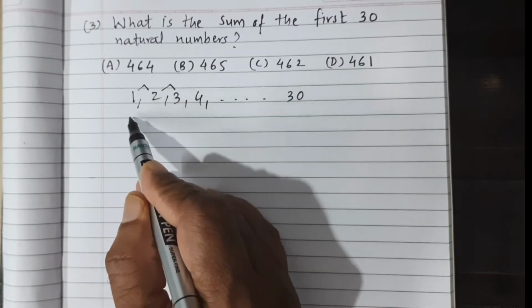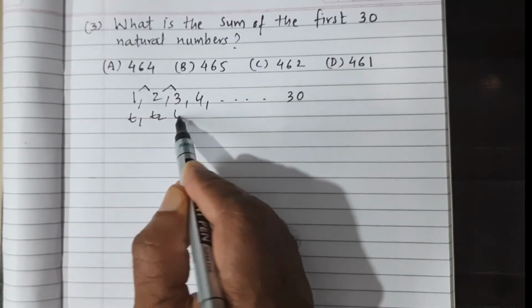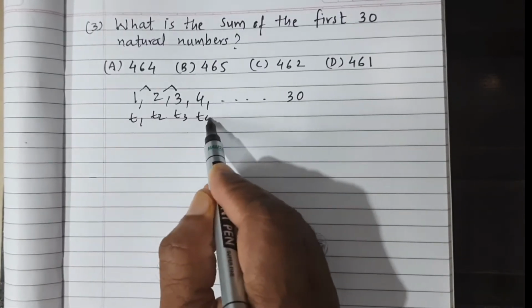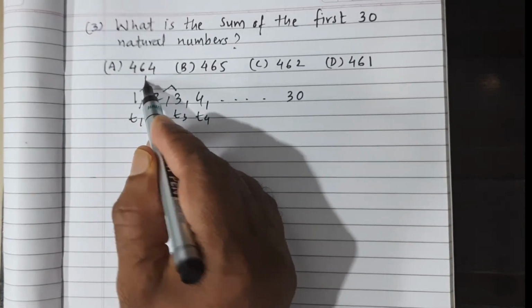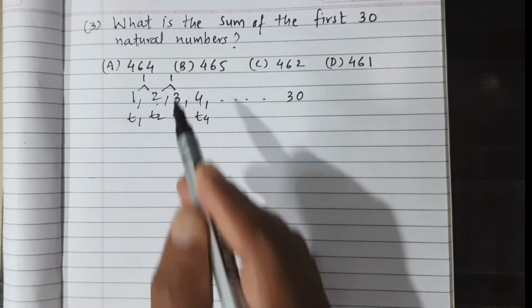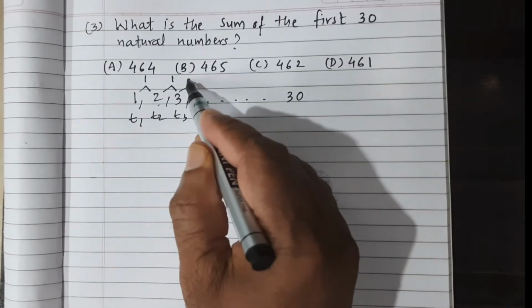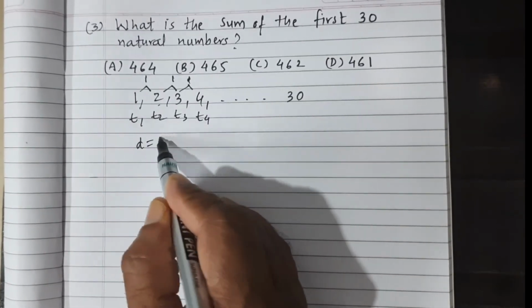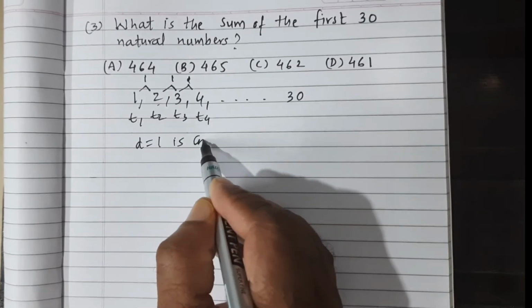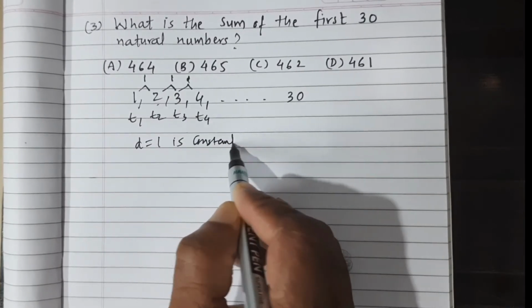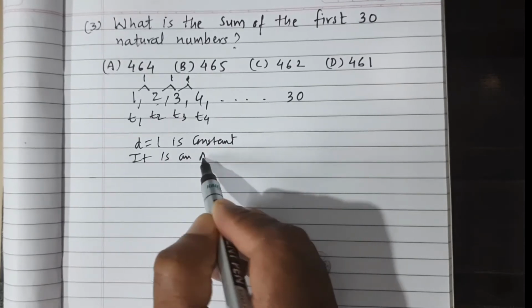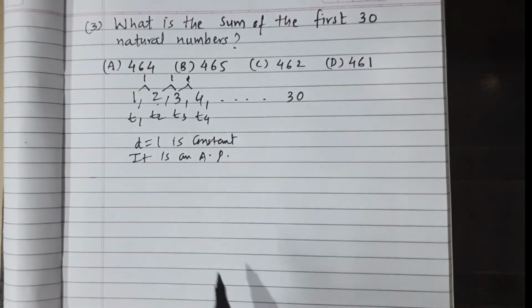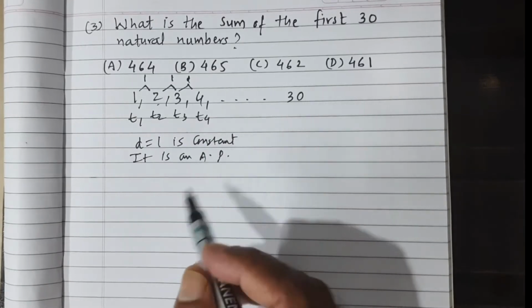This is T1, T2, T3, T4. So D1 is T2 minus T1, that is 1. Here 3 minus 2 is also 1. So the difference D is equal to 1, which is constant. Therefore, it is an arithmetic progression.